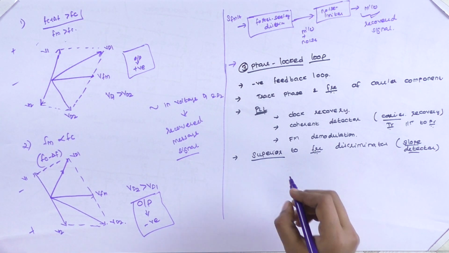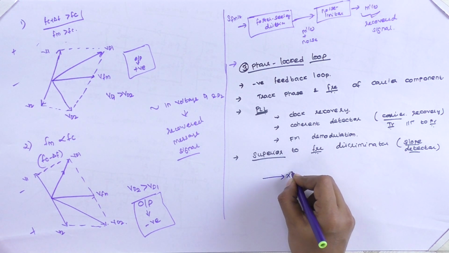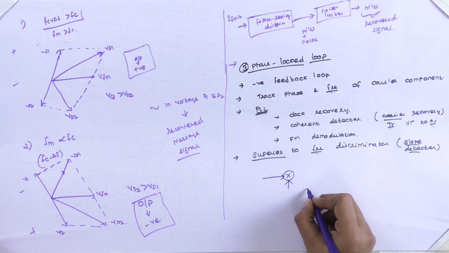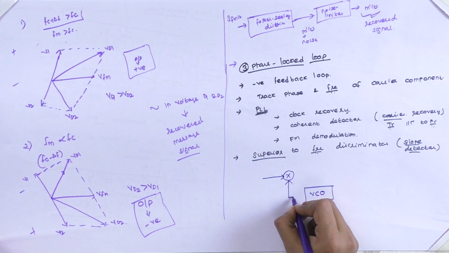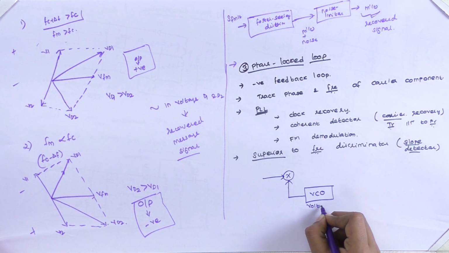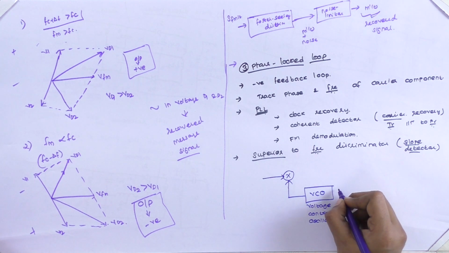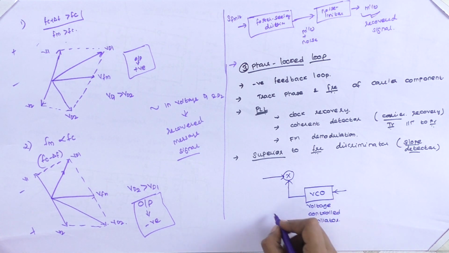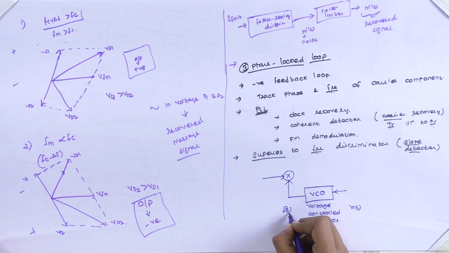The general block diagram for the phase locked loop is this. This is our voltage controlled oscillator, VCO. It is nothing but an oscillator, that is, it provides sinusoidal oscillations. Voltage controlled means depending on the input voltage, the frequency will vary.